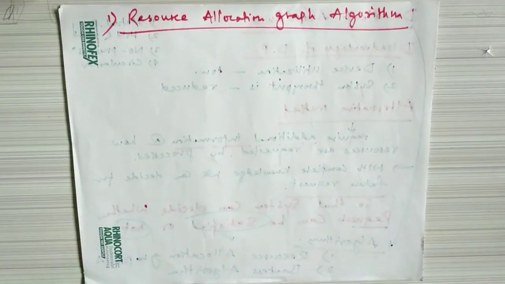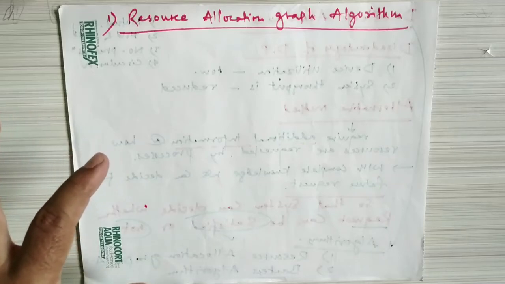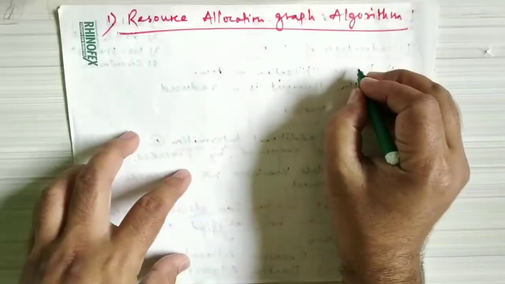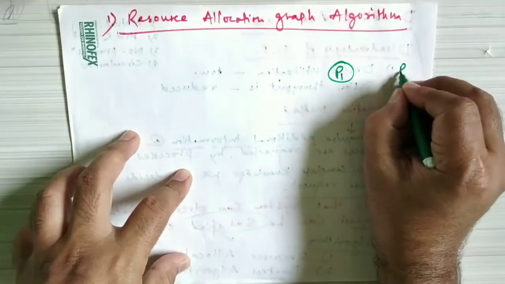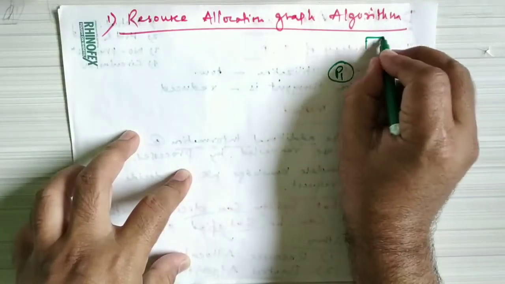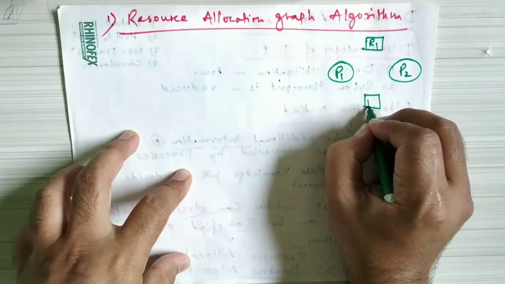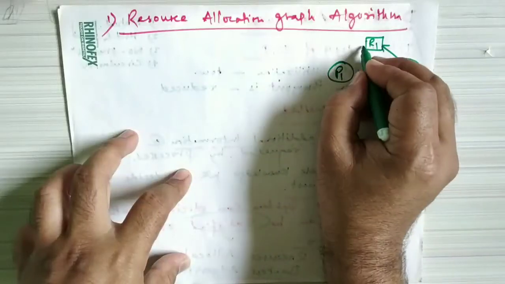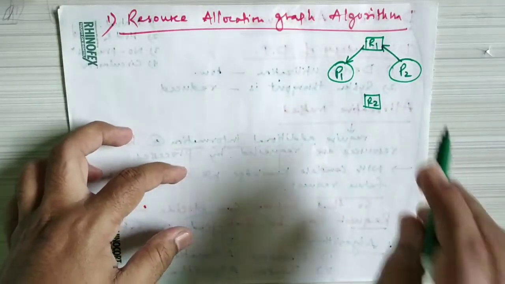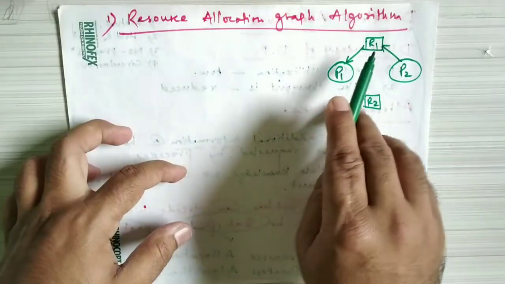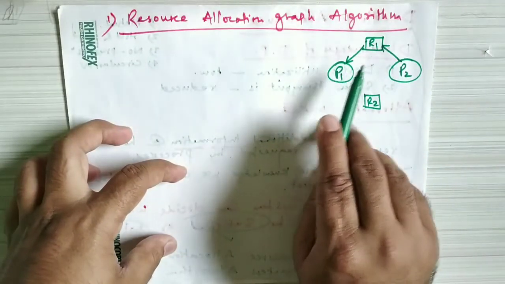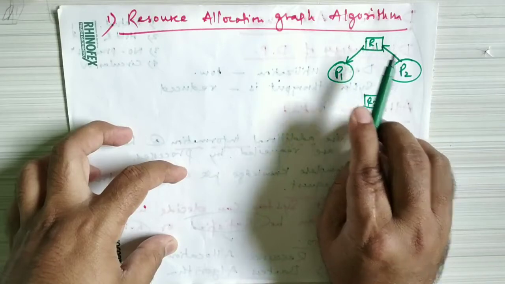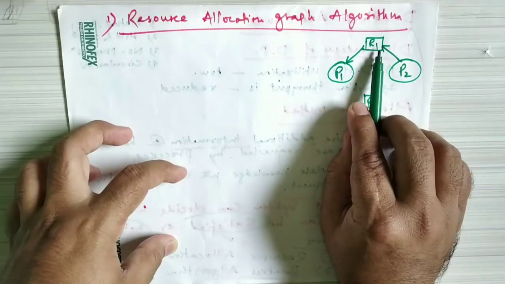Okay, so normally we have the request stage and the assignment. First, we'll consider one diagram, the resource allocation graph. Consider we have two processes P1 and P2, and two resources R1 and R2. It means that process 1 is holding the resource 1, and process 2 is requesting the resource 1.